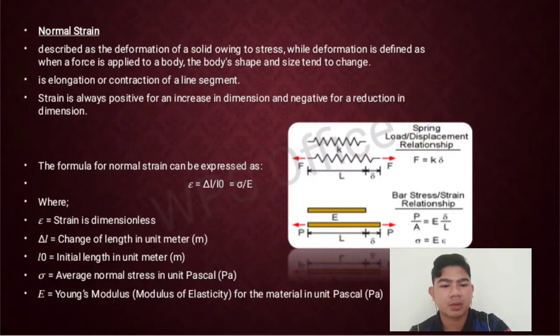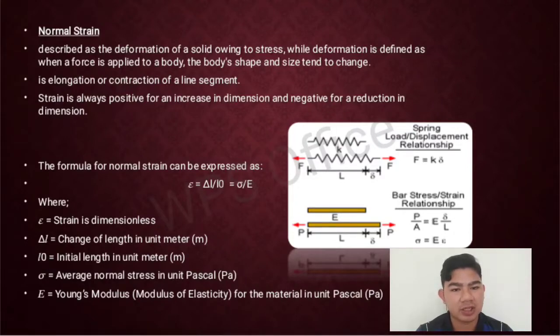Normal strain. Strain is described as the deformation of a solid owing to stress, while deformation is defined as when a force is applied to a body, the body's shape and size tend to change. Normal strain, epsilon, is elongation or contraction of a line segment.